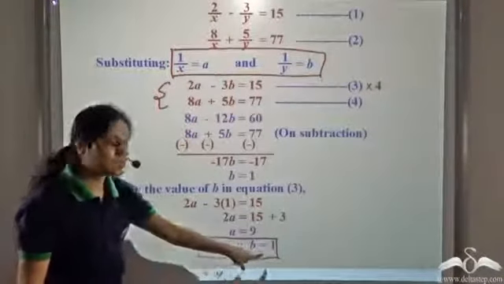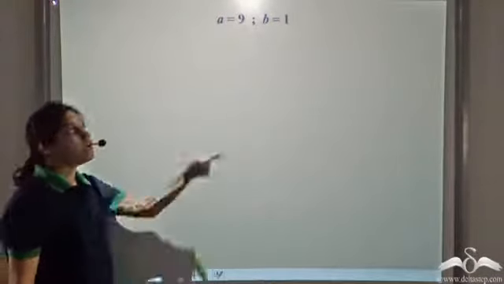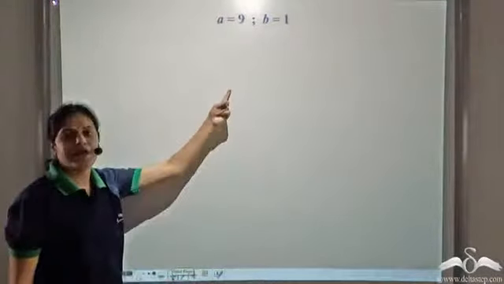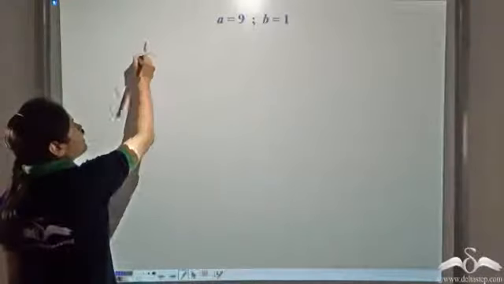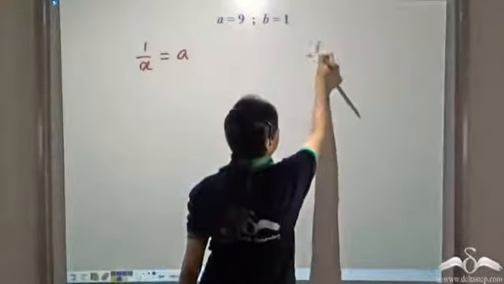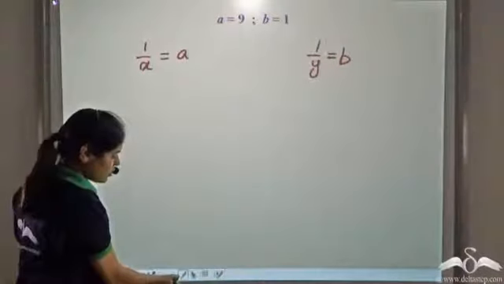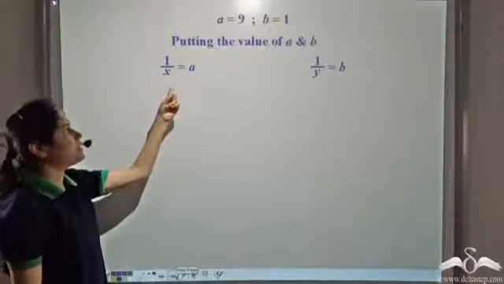So a is equal to 9 and b is equal to 1. Now put these values of a and b in 1 by x is equal to a and 1 by y is equal to b.